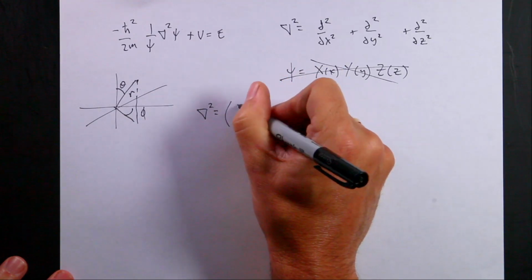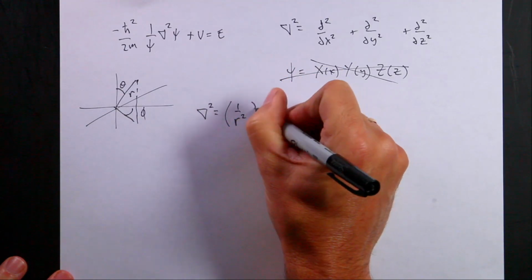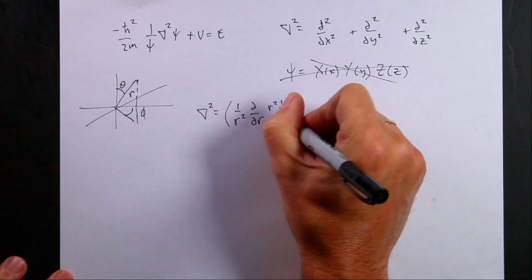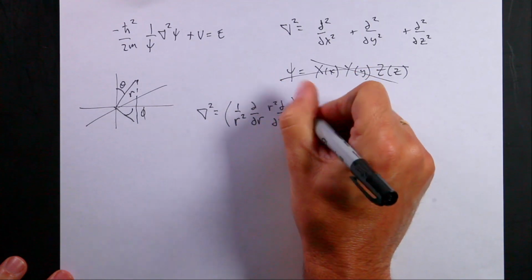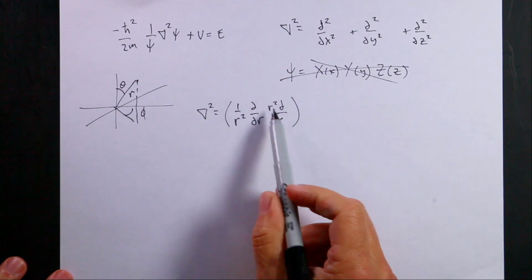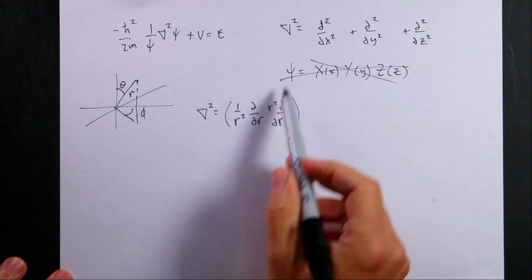I'm looking at my notes because I always forget this. It's 1 over r squared, the partial with respect to r of r squared times the partial with respect to r. So you have to actually take your function, take the partial, multiply by r squared, and then take the partial again. You don't get a nice simple thing.